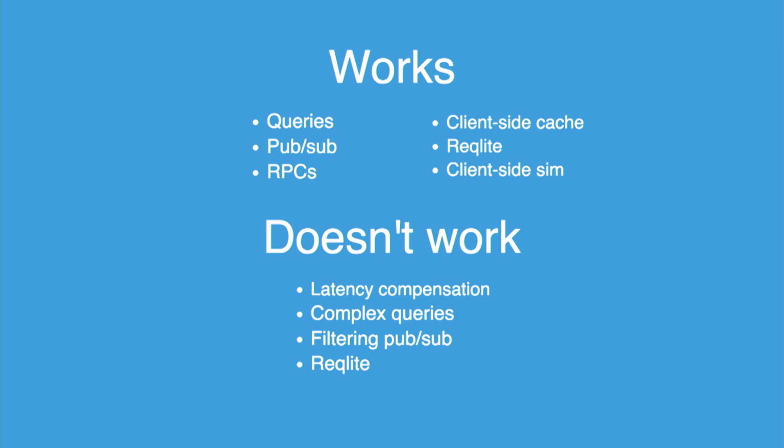So this is why I couldn't get the latency compensation to work, that magical updated message. Also, another thing that I found about RethinkDB, it doesn't support change feeds for complex queries like joins. Also, it doesn't support initial result set for most of the queries except for sorted queries.